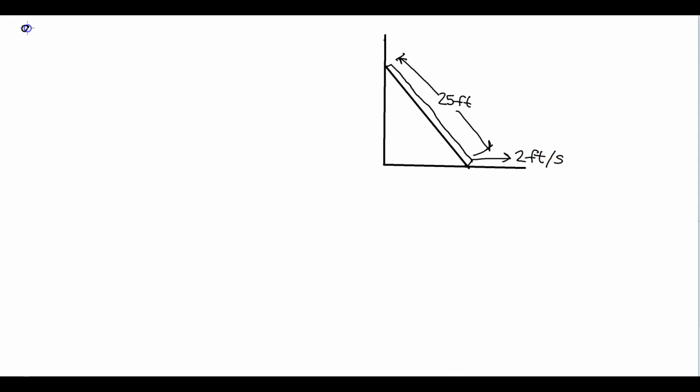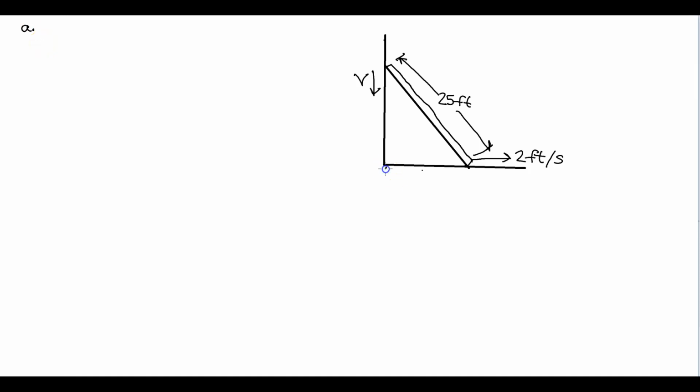So, A, how fast is the top of the ladder moving down? I'm just going to put V, since V is typically used for speed. How fast is the top of the ladder moving down the wall when its base is 7 feet from the wall?